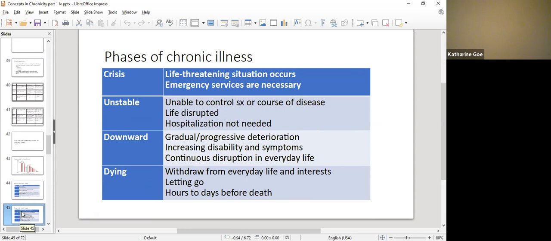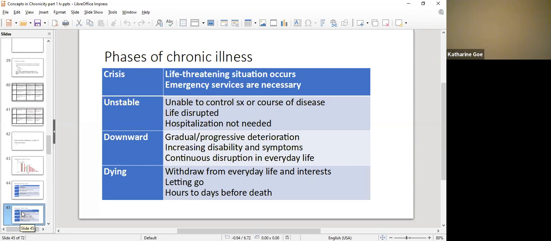Then you will have a comeback, but at a lower level, and then another crisis. And that's quite often when there's some kind of life-threatening event that happens and emergency services are required. Then that is usually a tipping point for most people. And then they go through a period of instability where they're really not able to control the disease course.